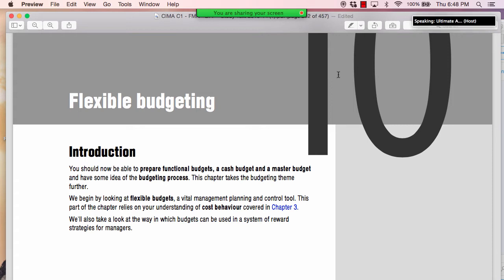What do you think? We can flex it according to our production. Yeah. So what we're saying is flexible budgeting is a really good tool for us to bring reality into the budgeting process.